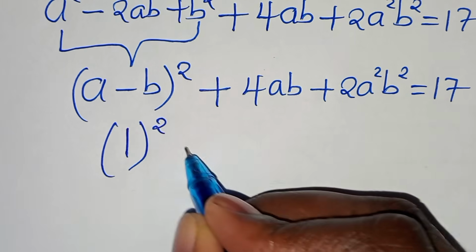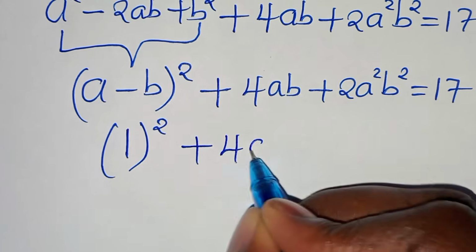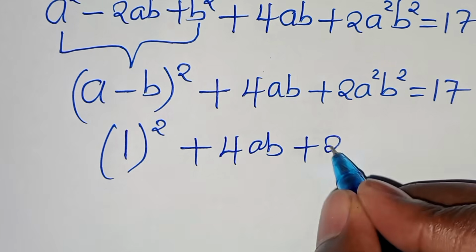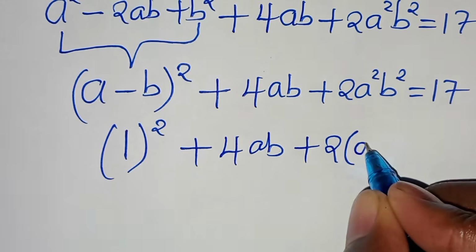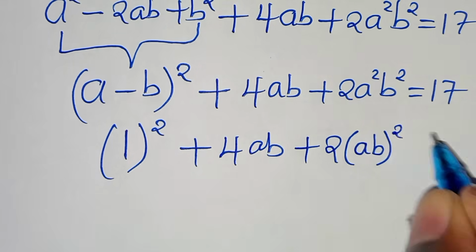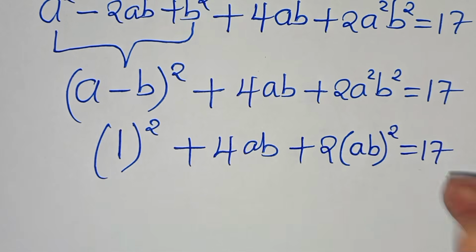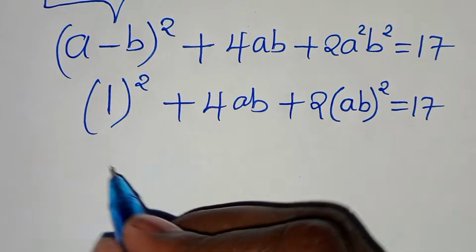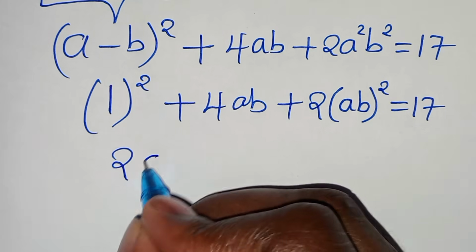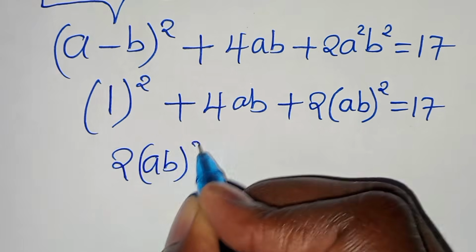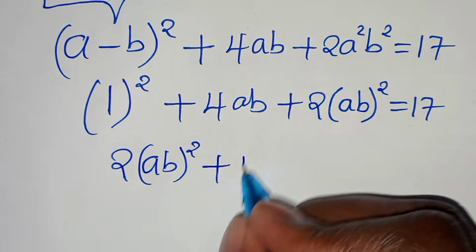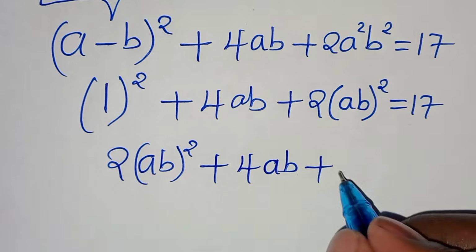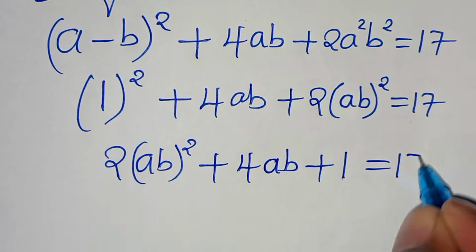So we have 1 squared, then plus 4ab, then plus 2a squared b squared, which we can express as 2 times ab raised to the power of 2. Now, we can express this as 2(ab)^2, then plus 4ab, then plus 1 squared, which is 1. This is equal to 17.